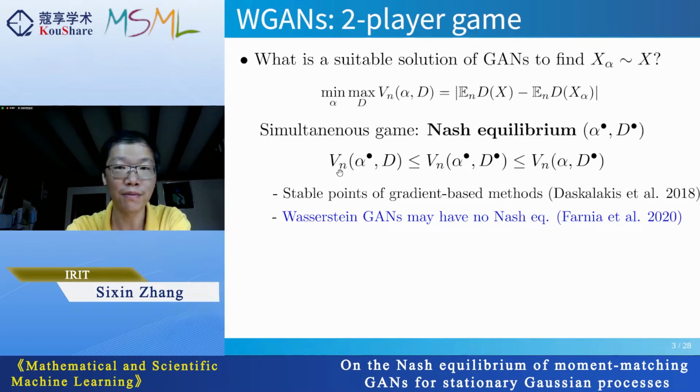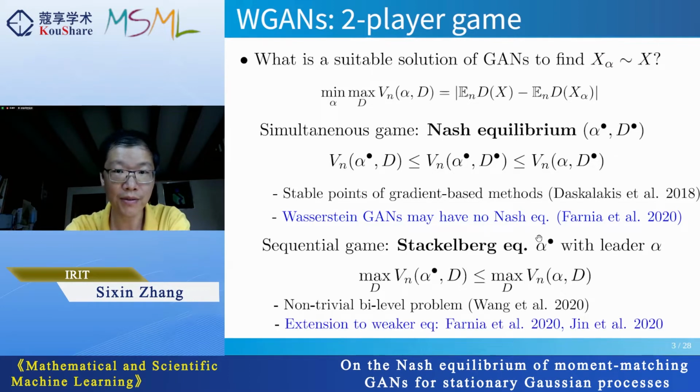And there's a notion of local Nash equilibrium, which has that local minimum, local maximum property. Many optimization algorithms have been developed based on gradients, and these solutions are stable points. Then there's a recent work from Farnia showing that Wasserstein GANs may have no Nash equilibrium.